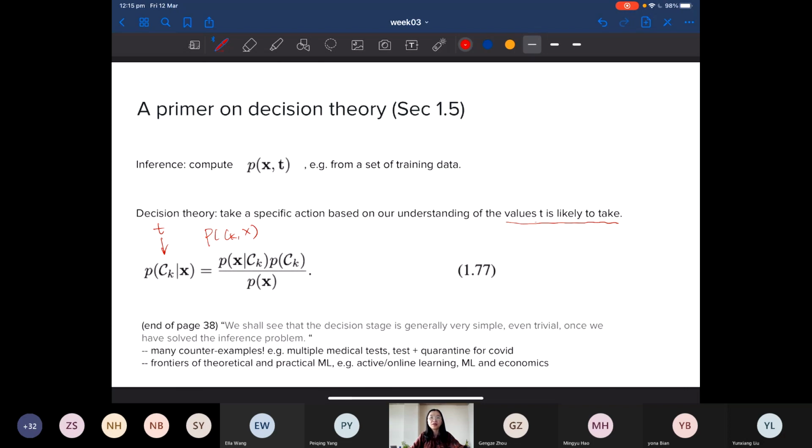So that applies to a lot of scenarios. Again, I would say, especially in this day and time, more than 10 years after the book is written, I think about 15 years after the book was first published, one needs to pay more attention to the distinction between estimation or inference and decision making in general.